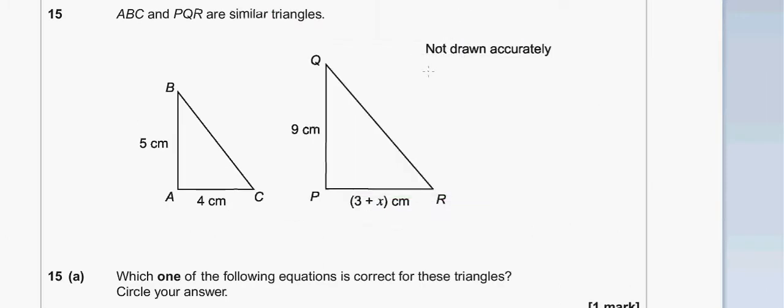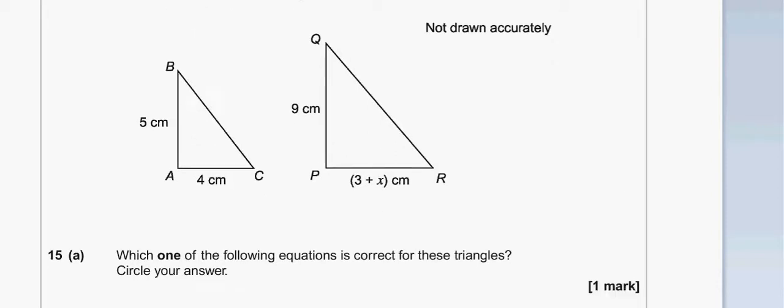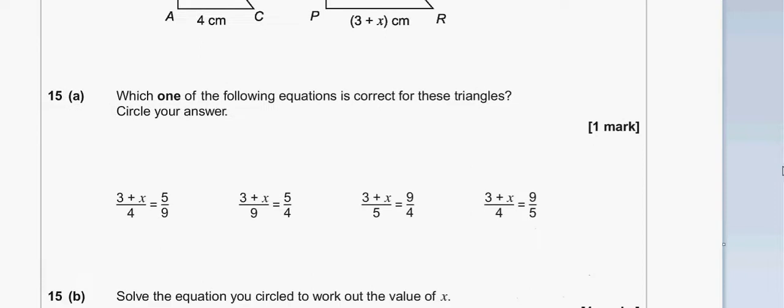Okay, so 15, this triangle and this triangle are similar. Okay, so all the angles are the same, the dimensions are different. Okay, so which one of the following equations is correct for these triangles? Okay, so we have 4 equations here.